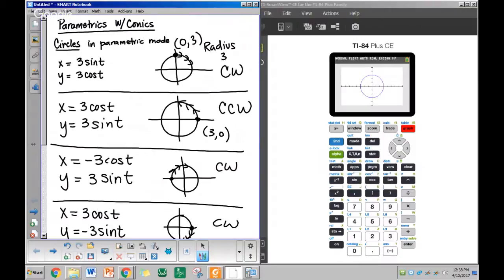So this one starts on the y-axis. What do you suppose is going to happen if I make this first one next? Start on the bottom, and then maybe we can start making a prediction as to which direction it'll go. But are we starting to see why it might start on the right side versus the left side?